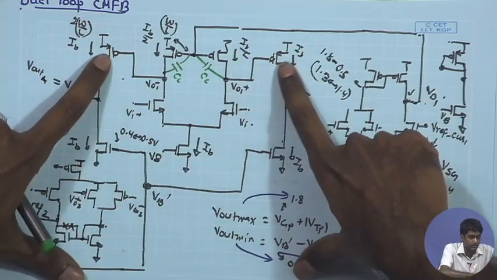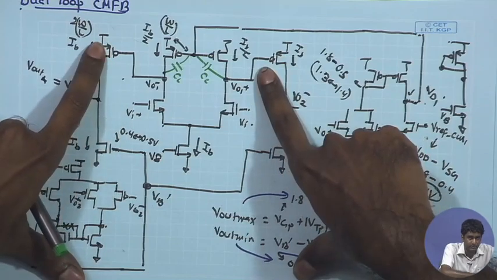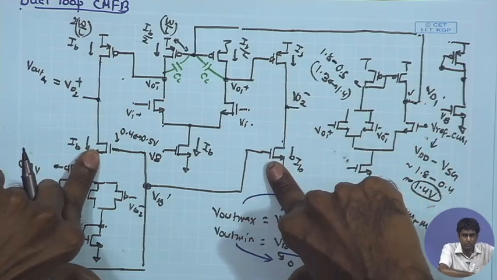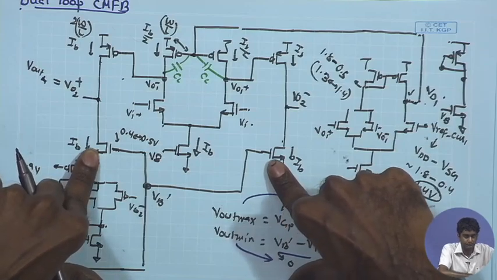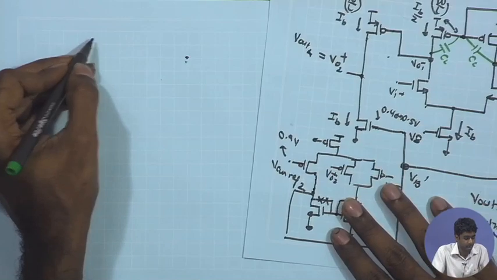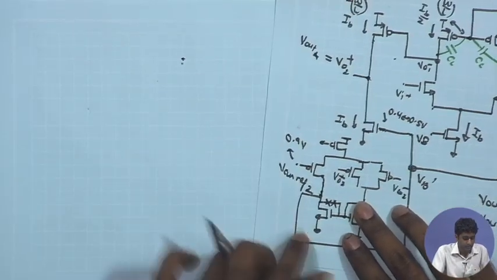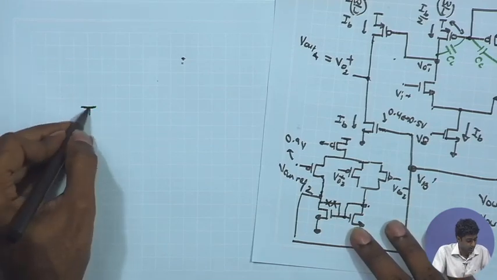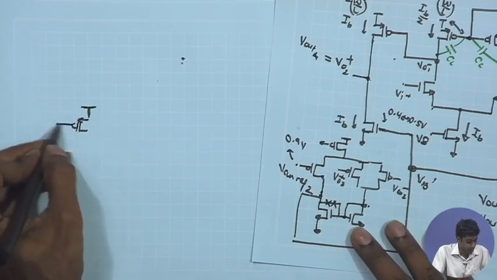Therefore, the second stage PMOS becomes an active load and NMOS becomes an input device for the common source amplifier. And if I draw this for the sake of completeness, I have my original error amplifier the way we have just drawn.